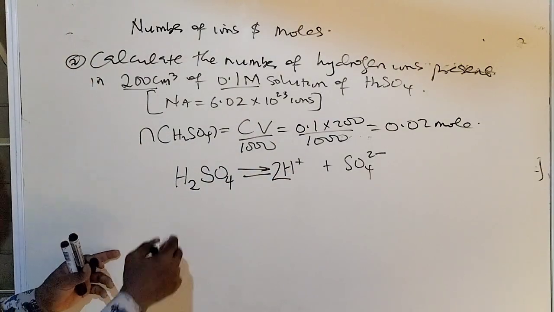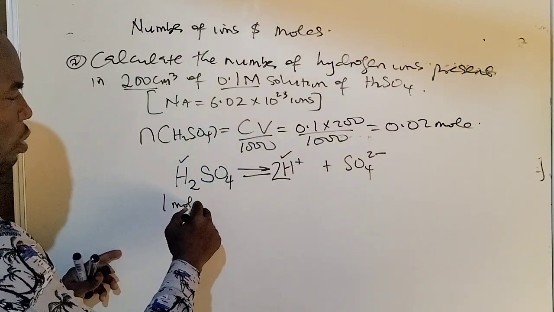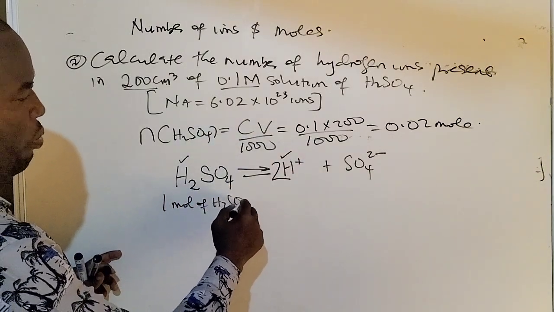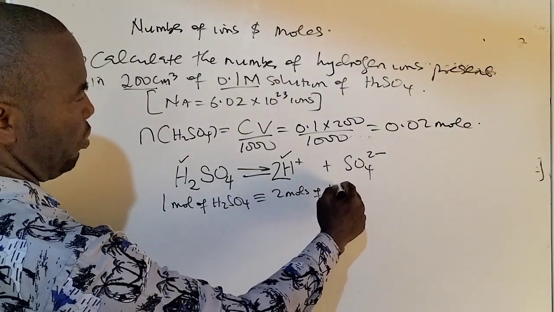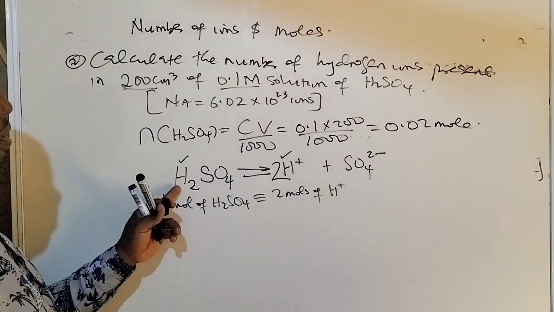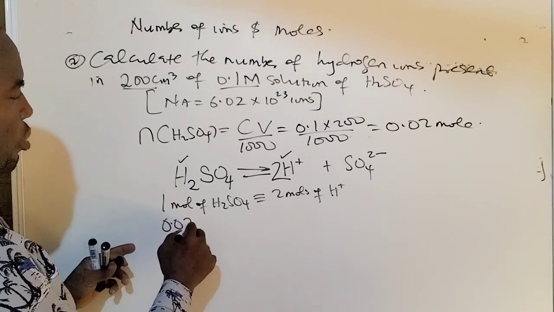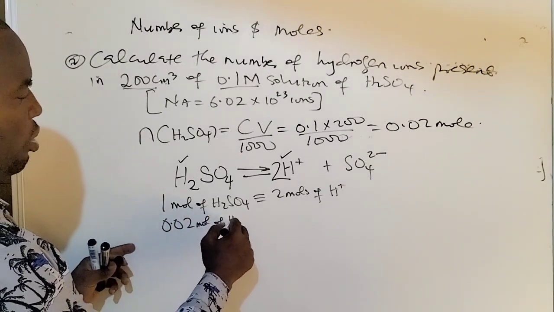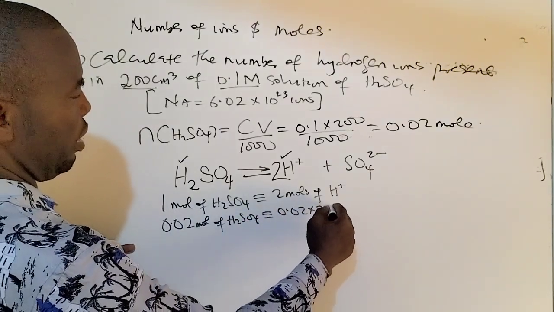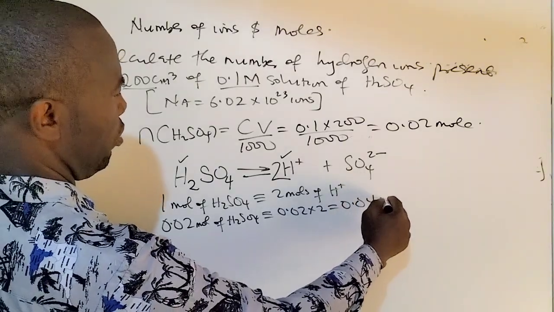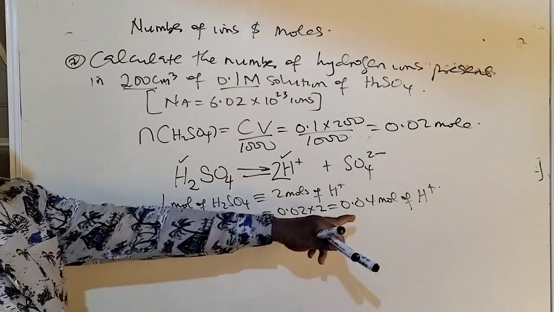Then we connect this acid to the hydrogen ion. 1 mole of H2SO4 produces 2 moles of hydrogen ion. The number of moles of the acid calculated is 0.02, therefore 0.02 mole of H2SO4 will produce 0.02 times 2, which gives us 0.04 mole of hydrogen ion.